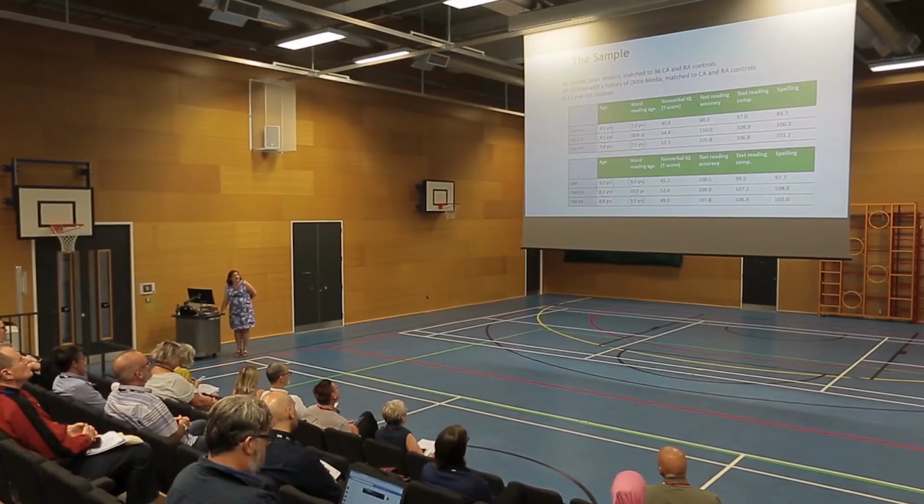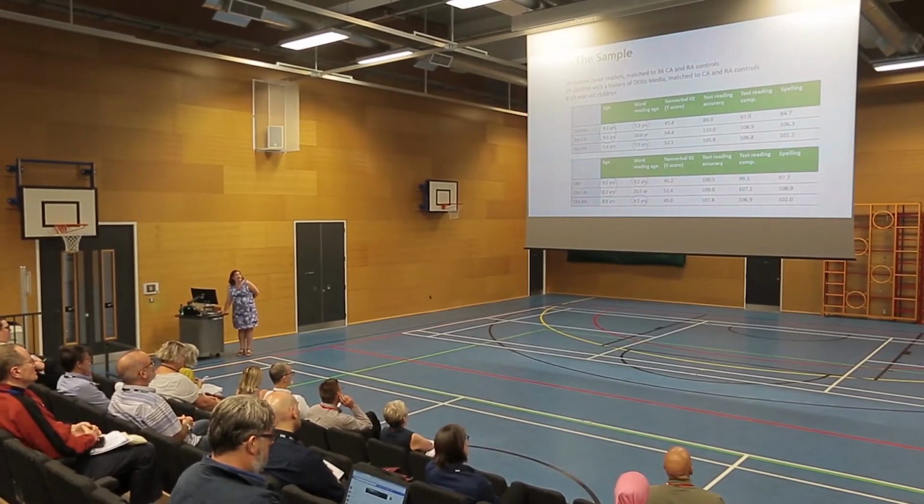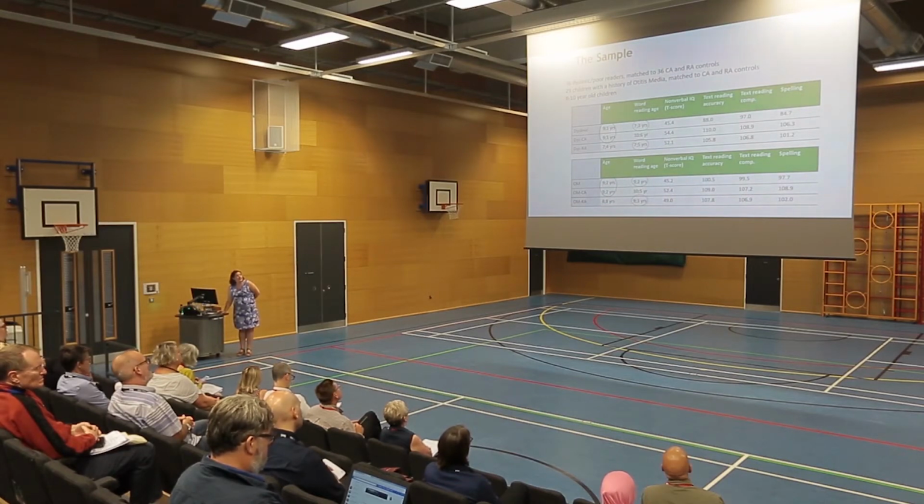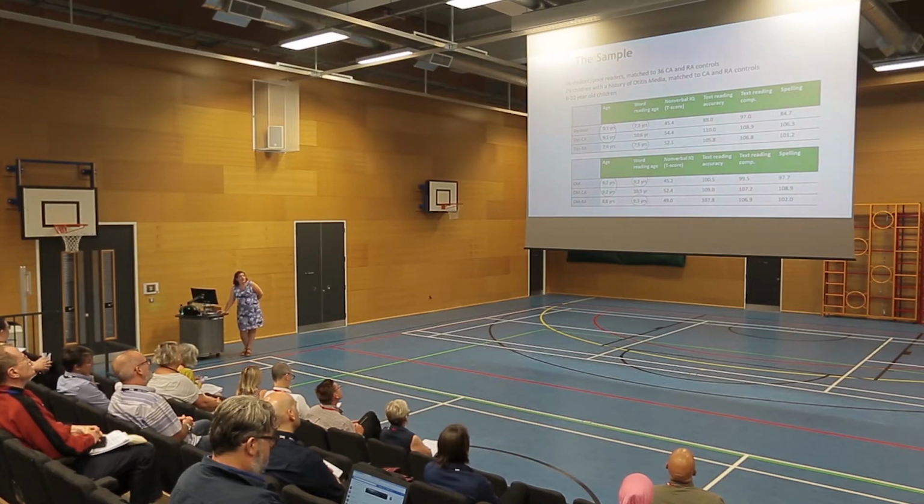So we did the same thing with the children with otitis media. So we've got chronological age match controls, and we've got reading age match controls. So they're individually matched on reading age. But you can see that the children with otitis media are actually reading at the level you'd expect for their age.